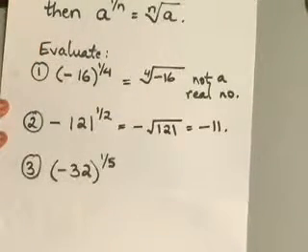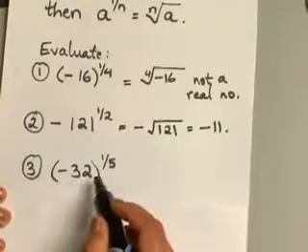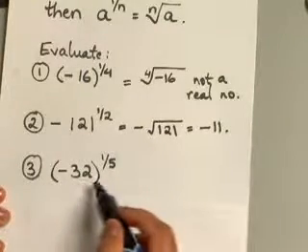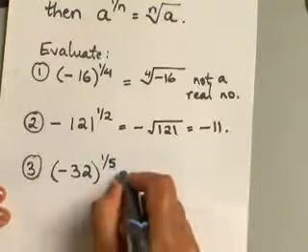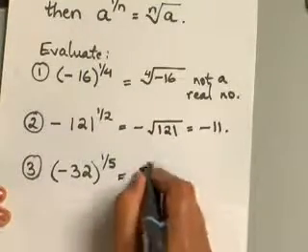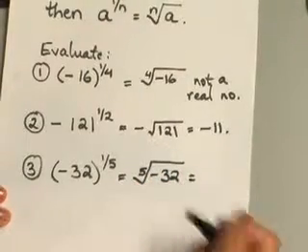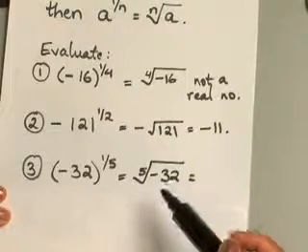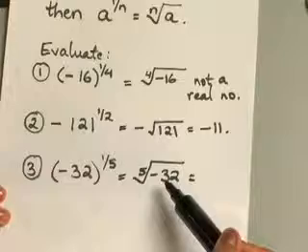Okay, let's look at another example here. You have negative 32. Again, you will see negative 32 is in parentheses, and then that is to the power of 1/5. So when I write this in the radical form, I will have the 5th root of negative 32. Now with odd number roots, like the 5th root here, you can evaluate negative numbers.